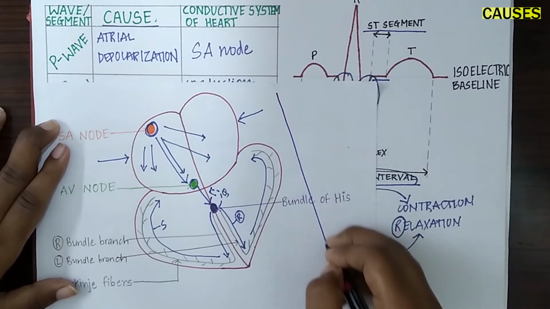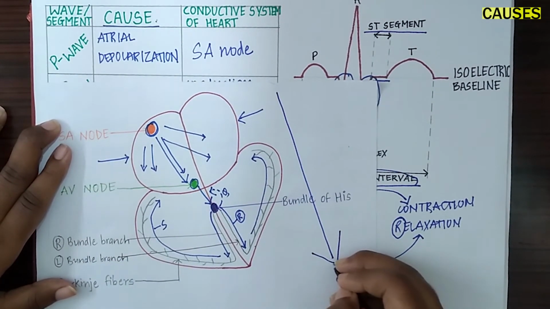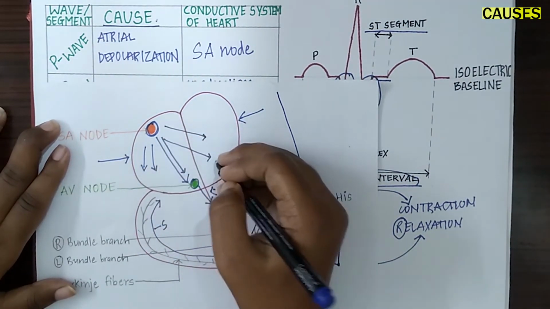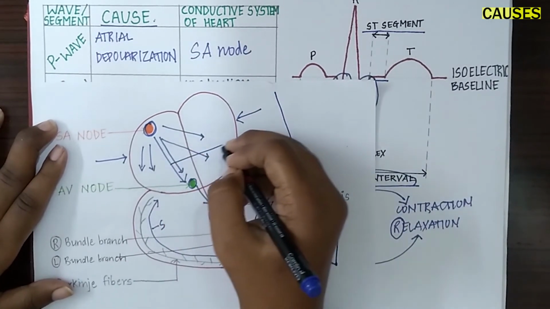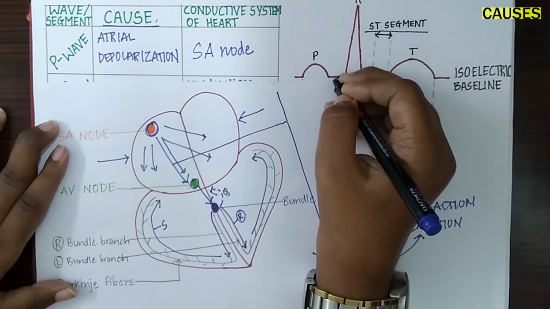So the direction is downward and slightly towards the left. So when current moves from SA node to AV node, it is in the direction of cardiac vector. So we get a positive P wave.